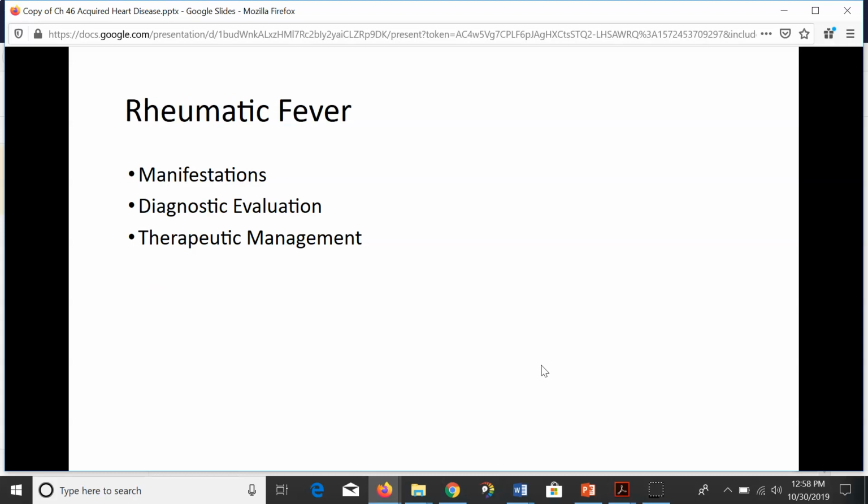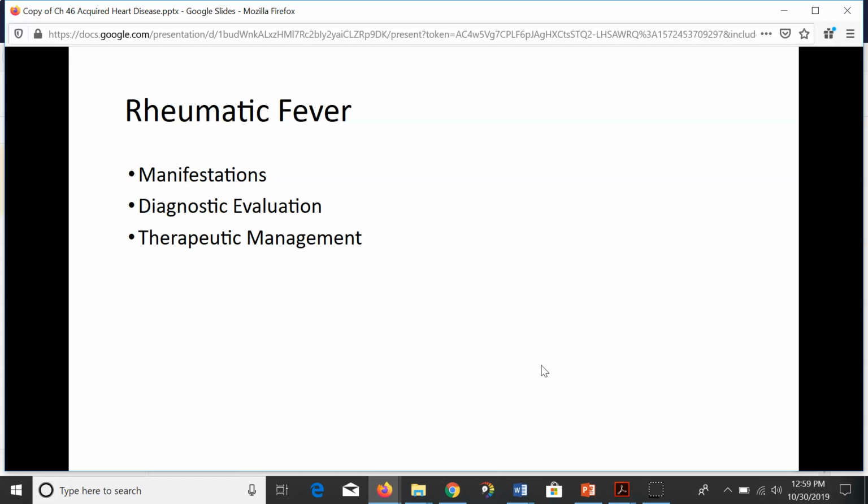Rheumatic fever is an inflammatory disease occurring after a group A beta hemolytic streptococcal pharyngitis, known as GABHS or GABS. Infrequently seen in the United States, it is a big problem in developing countries. It is self-limiting. It affects joints, skin, brain, serous surfaces, and the heart.